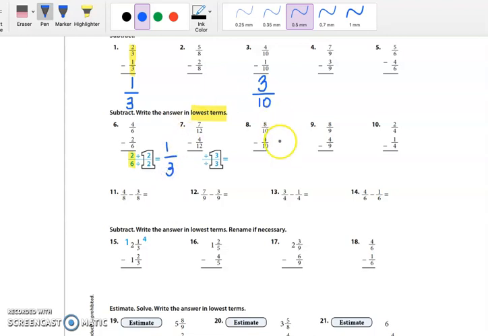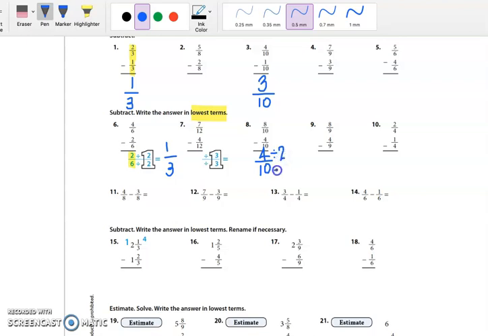Okay, then let's do number 8 together. Not 6. The denominator is 10, and I'm going to take away 4 from 8, and this will give me 4 out of 10. However, this is not in lowest term because they are both even numbers and can be divided by 2.